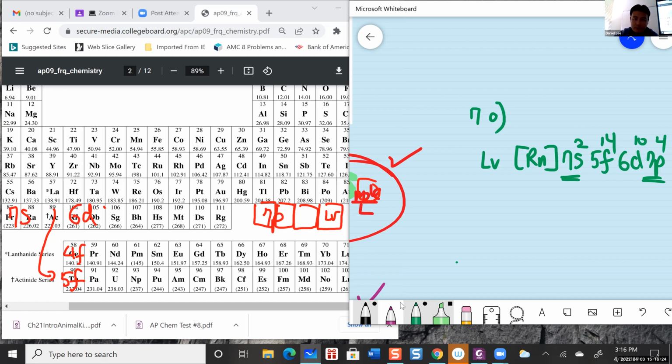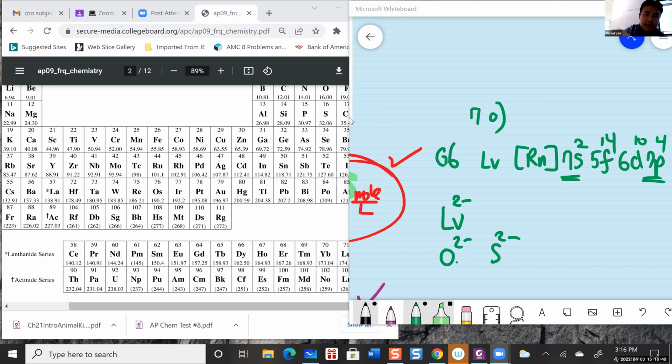So if this is group 6, like oxygen, you would expect it to gain 2 electrons to become 2 minus. So if you were asked what kind of ion it forms, it will be LV2 minus, just like O2 minus, just like sulfur 2 minus, right? Because it's group 6, it's going to behave like a 2 minus. Anyway, that's not what the question is asking. It's just electron configuration.